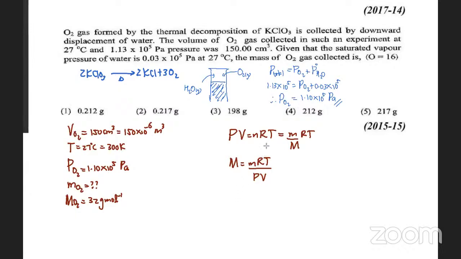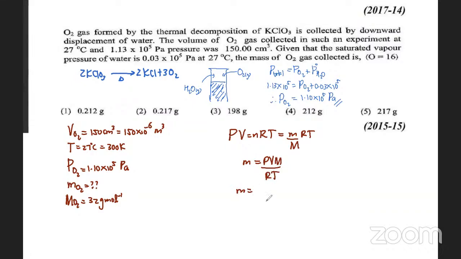And I think we had to find out the mass of oxygen gas. It's not the molar mass of oxygen gas. So let's make mass of oxygen gas the subject. Mass of oxygen gas is equal to PVM over RT. Apologies.